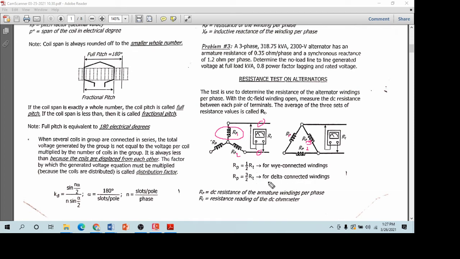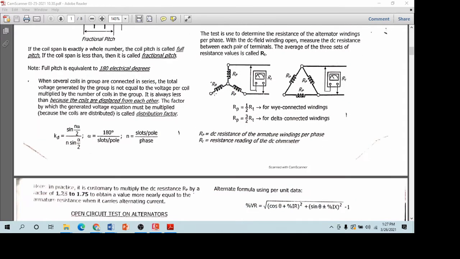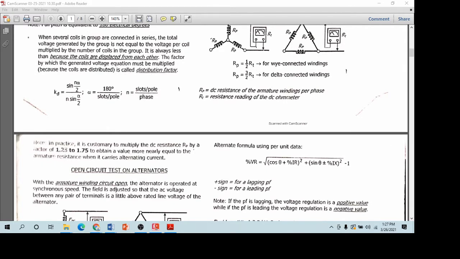Take note that we are measuring this resistance with DC, but the current flowing in the armature windings is actually AC.